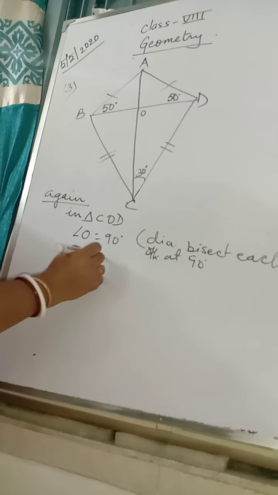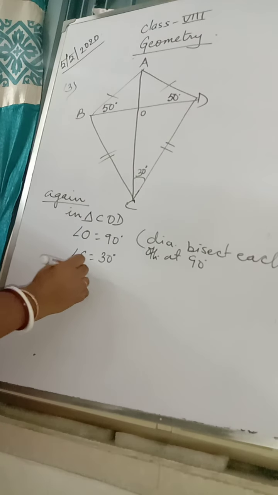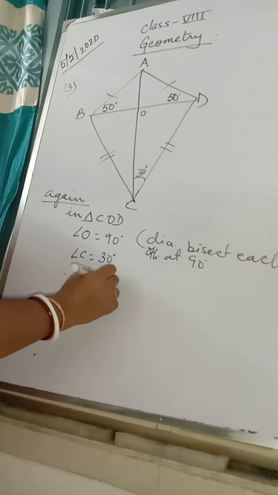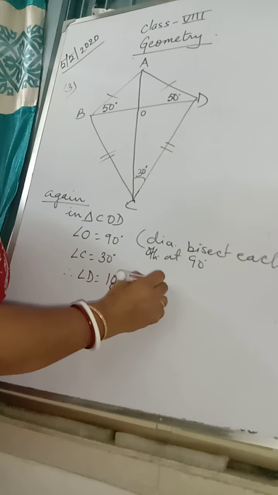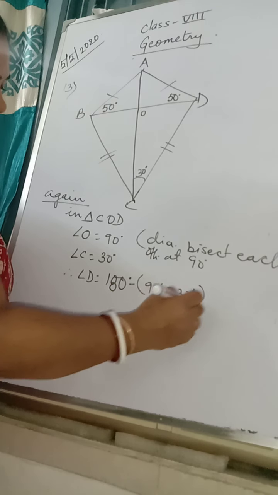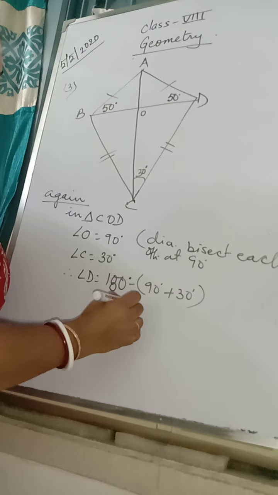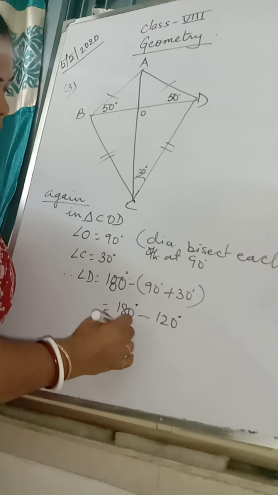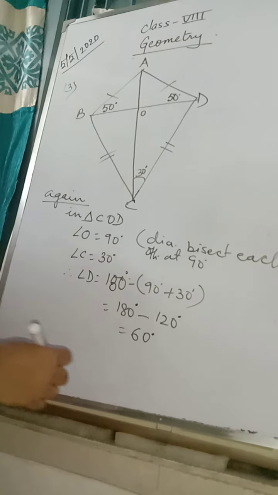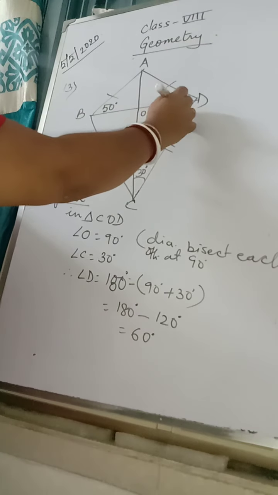Angle C is 30 degrees, so that's what angle D would be, 180 minus (90 plus 30) degrees. So 180 minus 120 degrees, 60 degrees. This angle we got 60 degrees.